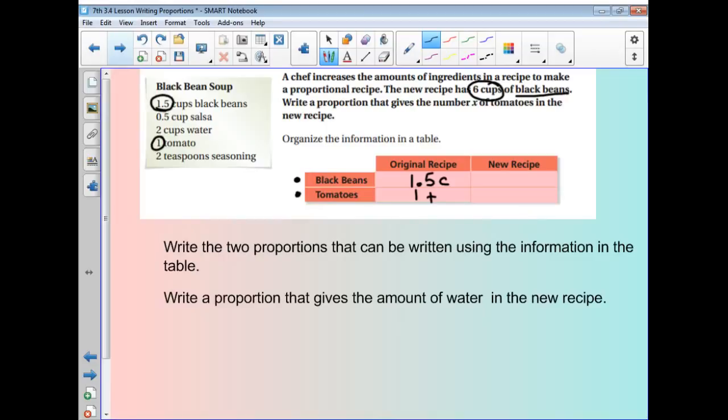My black beans were my top number, so I'm going to put 6 cups here. Now I need to solve for this. If I look at it as fractions, I cross multiply and divide. 1 times 6 is 6, divided by 1.5 gives me 4. So I am going to need 4 tomatoes for this.